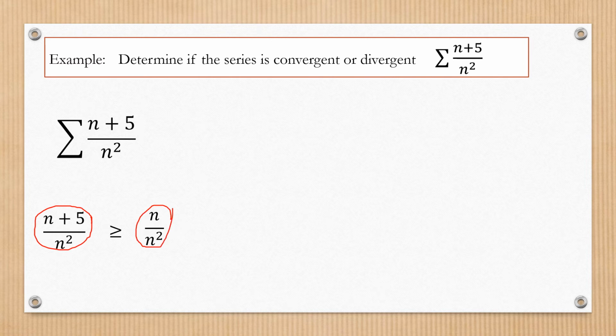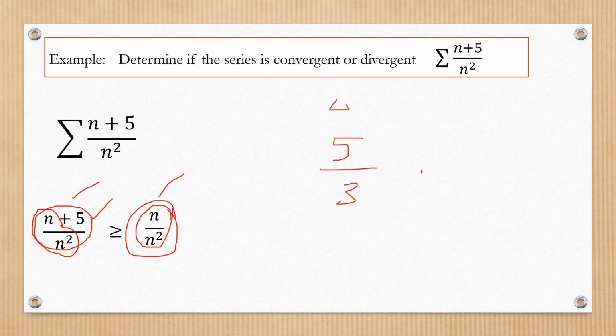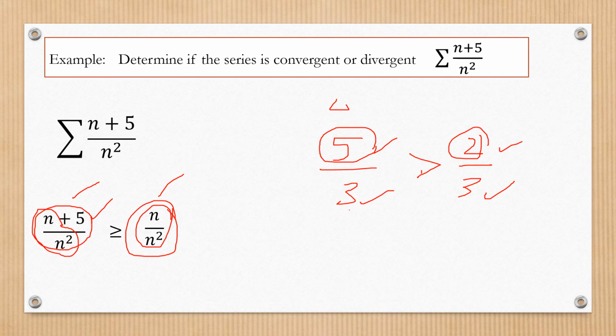They are both n over n squared, but since we added another 5 here, the denominator of this one became larger than this one. Hmm, in the concept of fractions, when the denominator is larger, let's say we compare 5 over 3 to 2 over 3, the denominators are the same but the numerators differ, and since this numerator is larger than this one, we can say that 5/3 is greater than 2/3.